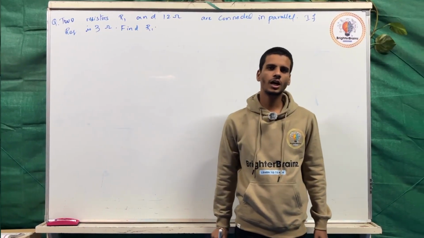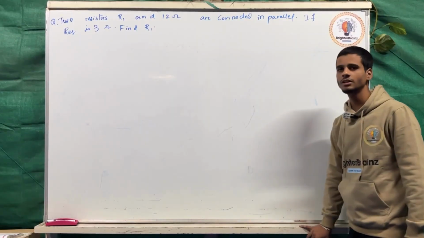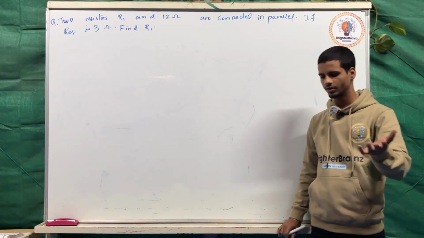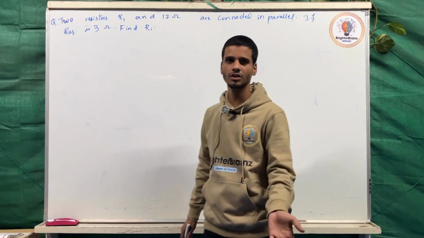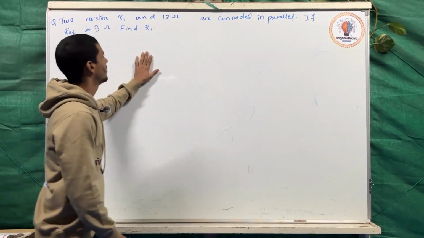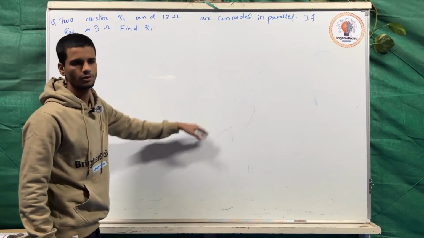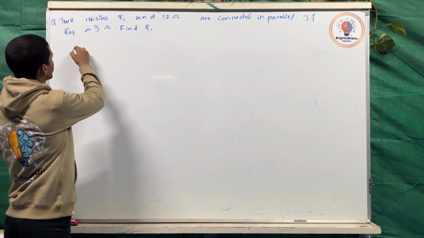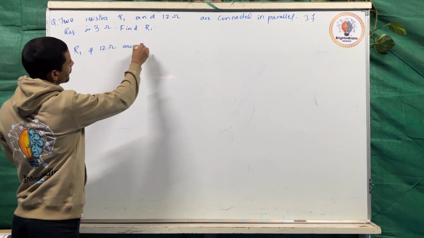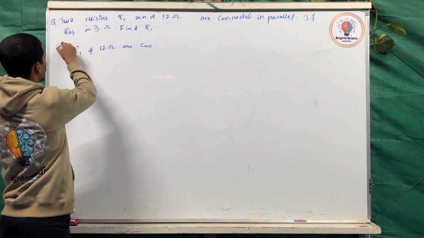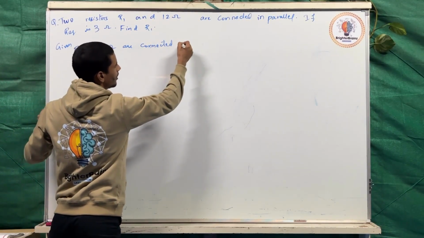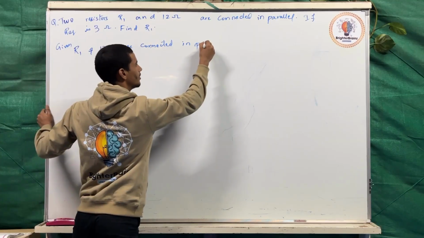Now let us find the unknown resistance when resistors are connected in parallel. In the previous sum we found the unknown resistance when resistors were connected in series. Now we will find it when they are connected in parallel. So R1 and 12 ohms are connected in parallel.